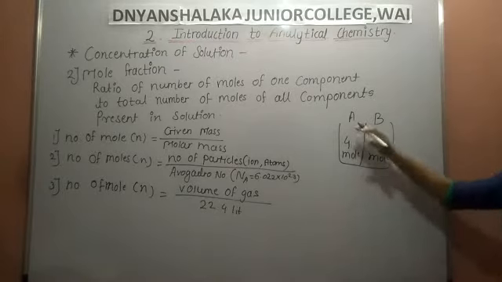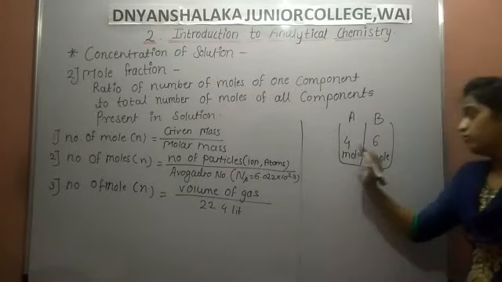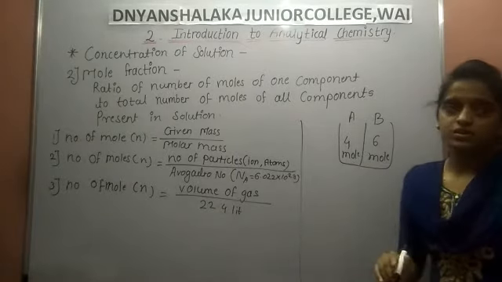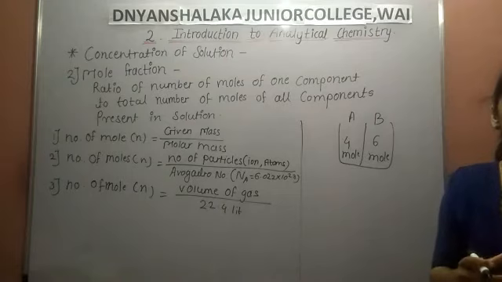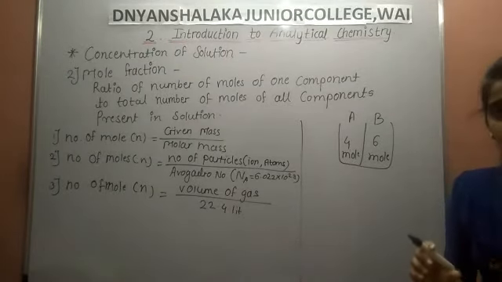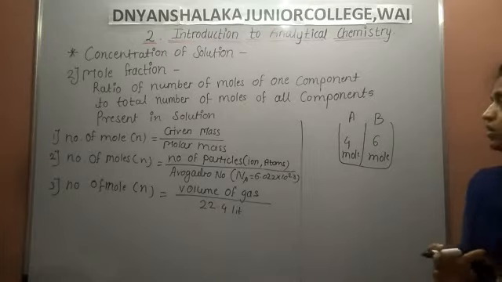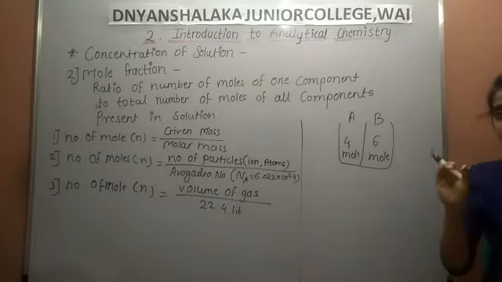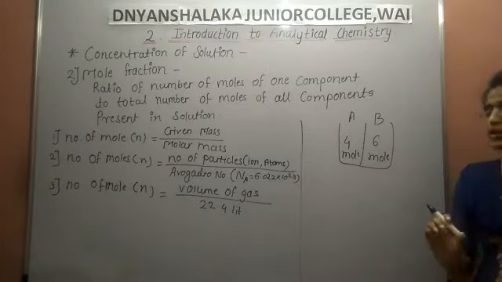In the last lecture we studied how to form a solution, using solute plus solvent. There we calculated mass percent, which means mass of solute upon mass of solution into 100.